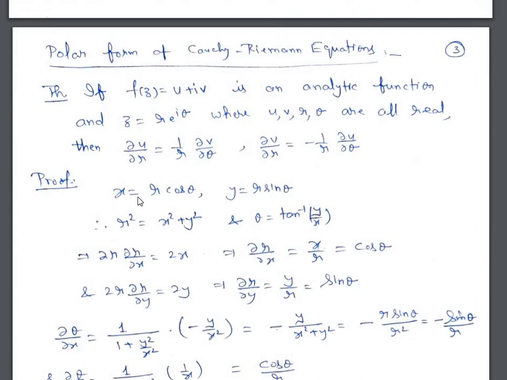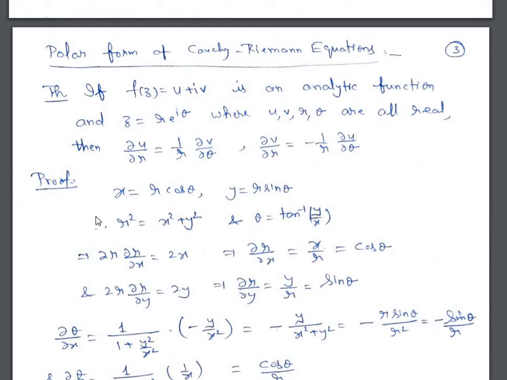Now x is given by r cos theta, y is given by r sin theta. Now if we square and add these two terms, we shall have r square is equal to x square plus y square, and if we divide this by this, we will get tan theta is equal to y upon x. That means theta is equal to tan inverse of y upon x. Now we differentiate r square is equal to x square plus y square partially with respect to x.